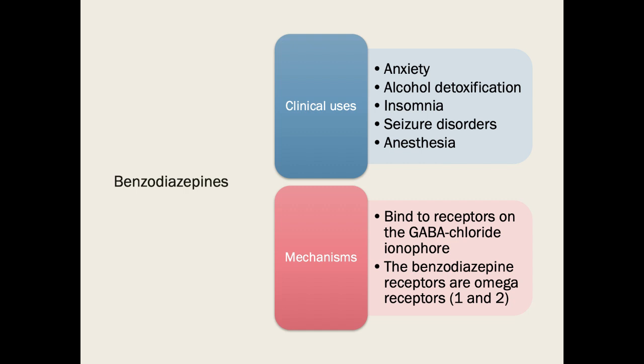Ativan, or lorazepam, is typically our first-line drug for a pretty bad alcohol withdrawal patient. You can give it for insomnia. They will put you to sleep, and that's dose dependent. On the truck, we're going to be using benzos most commonly for seizures, and benzo is going to be our first line for seizures.